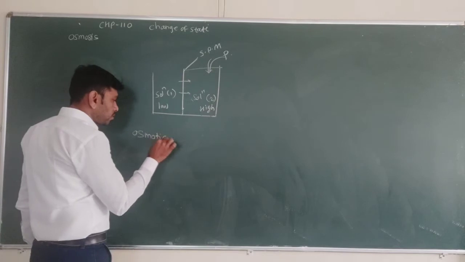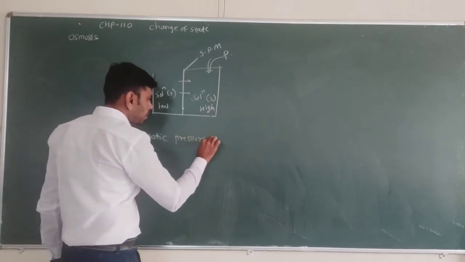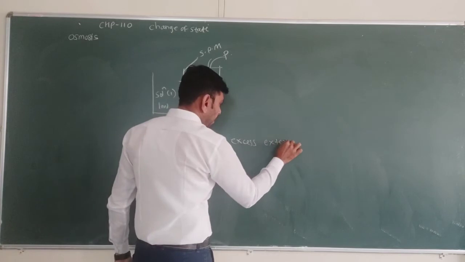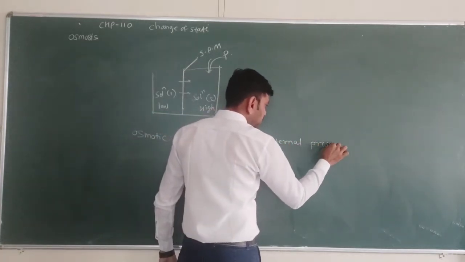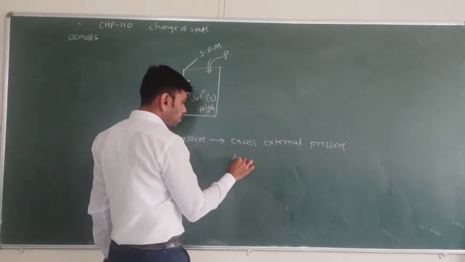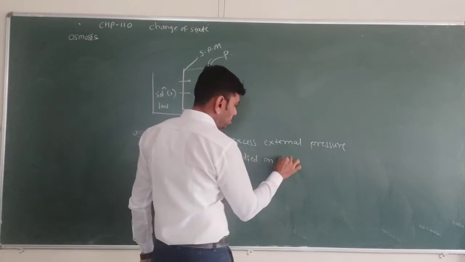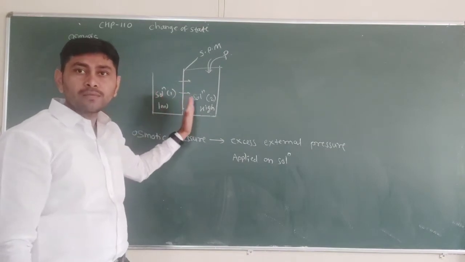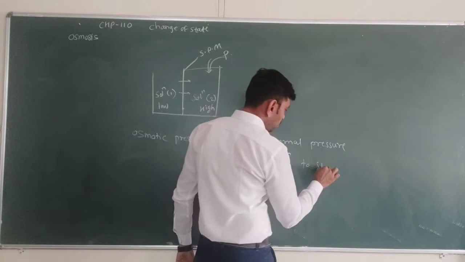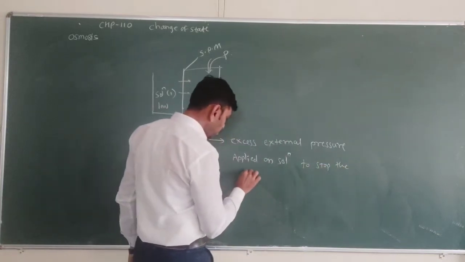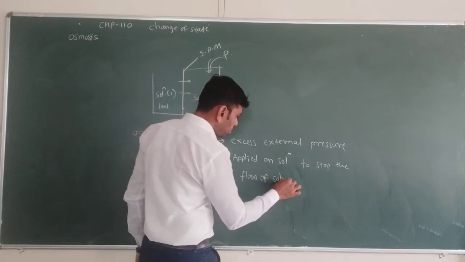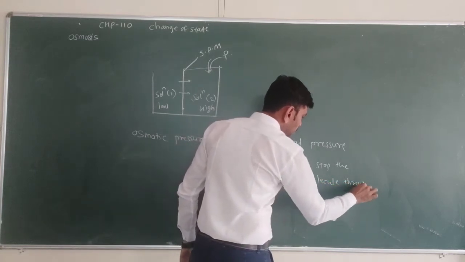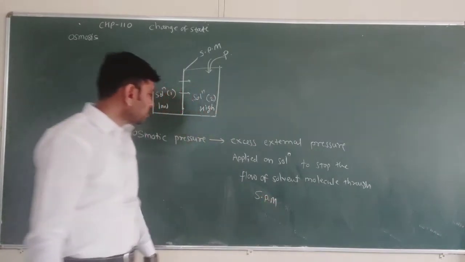So osmotic pressure, we can define as excess external pressure. We are applying here external pressure.